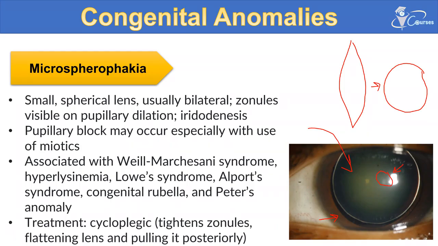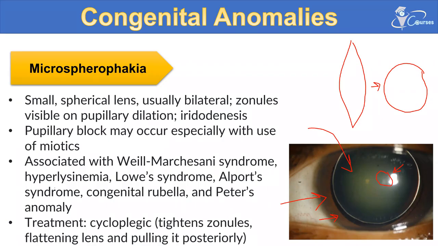So miotics here are contraindicated. Otherwise, we are always giving mydriatics or cycloplegics, dilating the pupil. Important associations of microspherophakia are Weill-Marchesani syndrome, hyperlysinemia, Lowe syndrome, Alport syndrome, congenital rubella, and Peters anomaly.